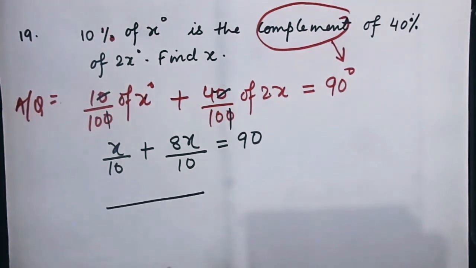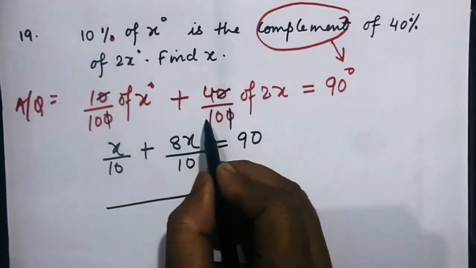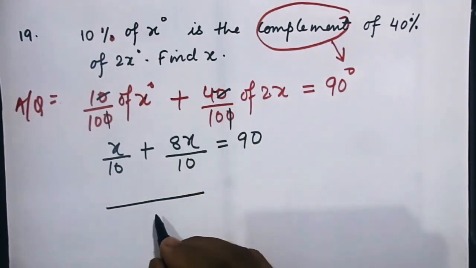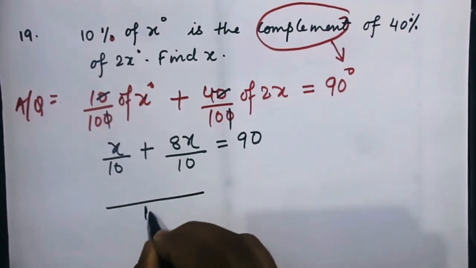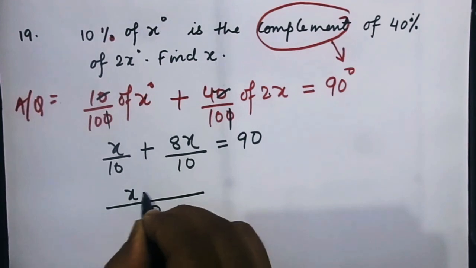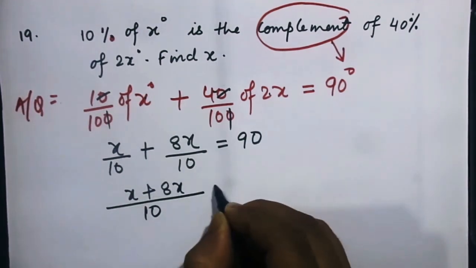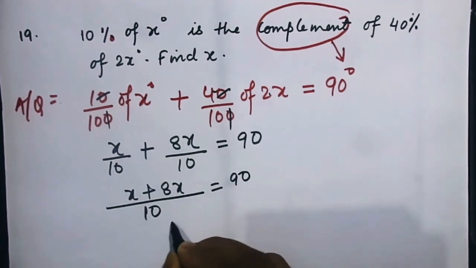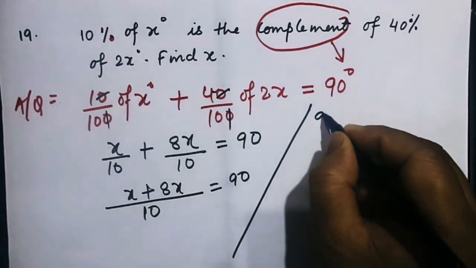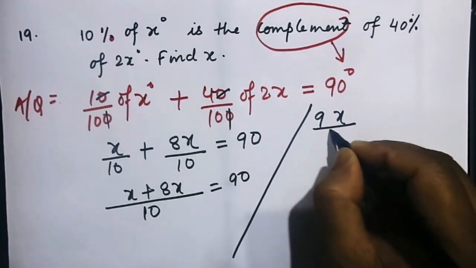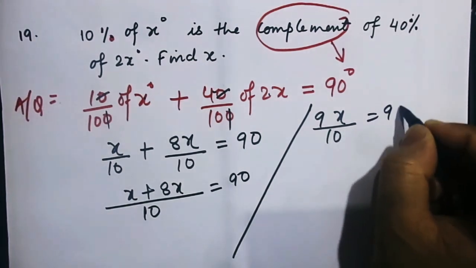Because I found that if both of them have the same denominator, my task will become easier. So you should also think the same. So x plus 8x is equal to 90. 9x by 10 is equal to 90.